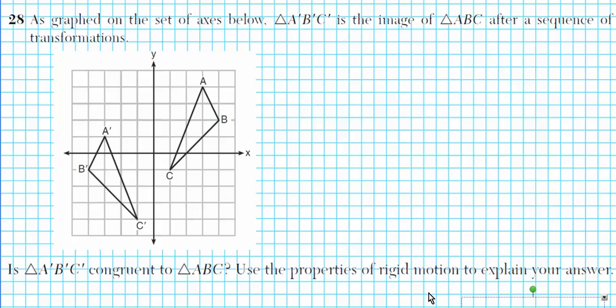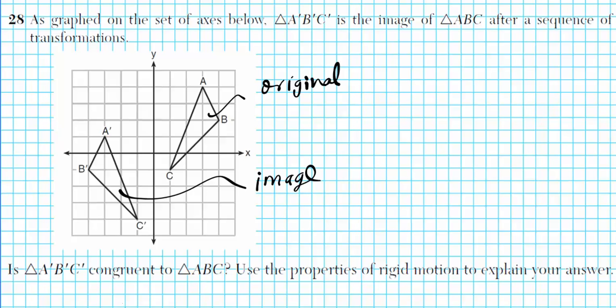All right, let's take a look at question 28. It says, as graphed on the set of axes below, triangle A'B'C' is the image of triangle ABC after a sequence of transformations. So this is the original right here, and after a sequence of transformations, you end up with the image right here.